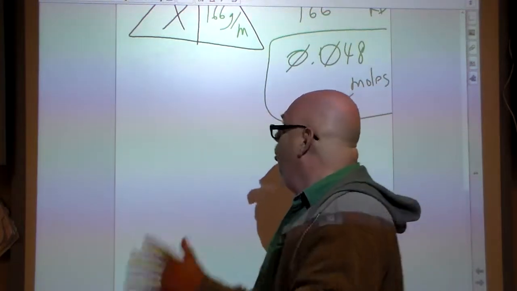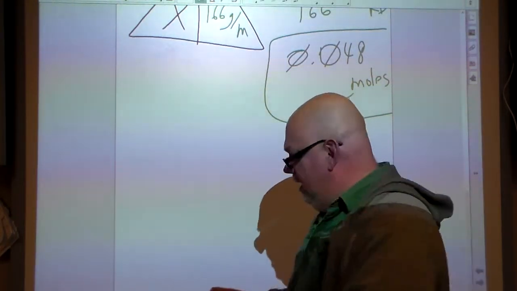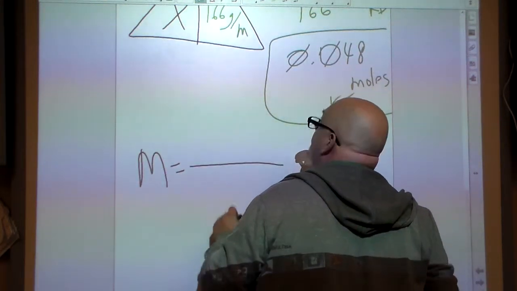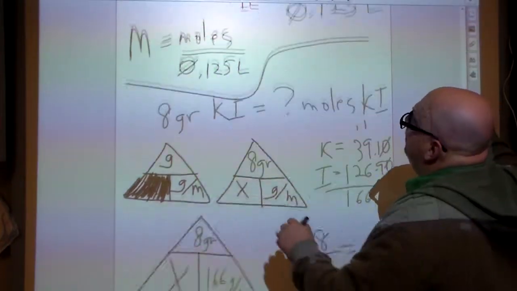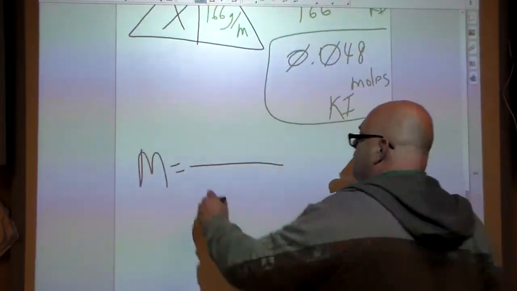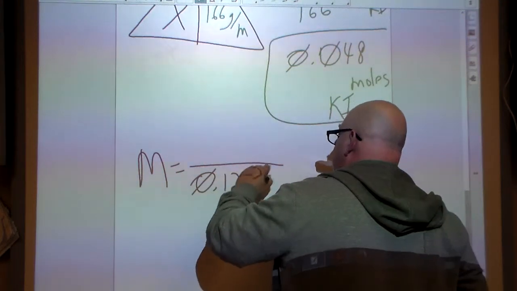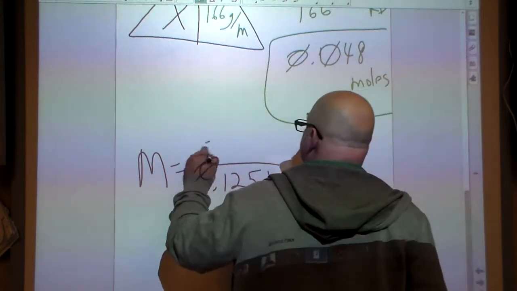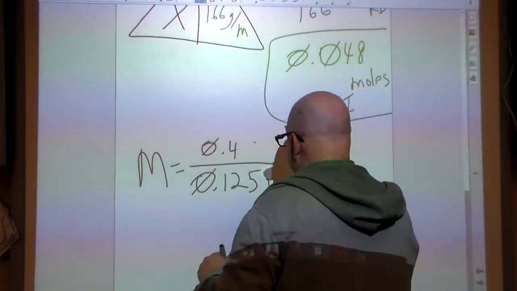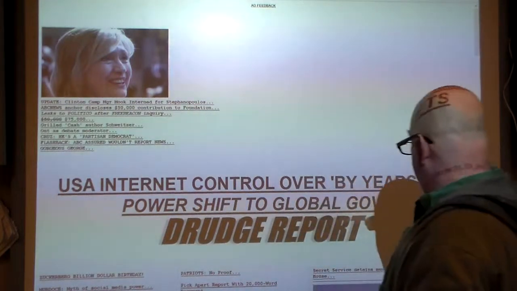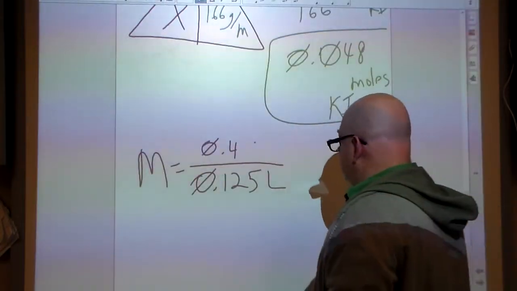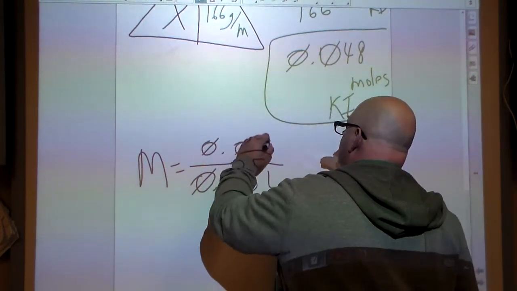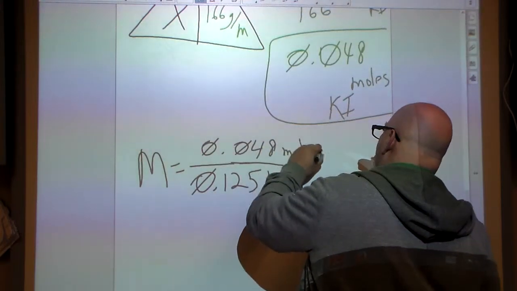Molarity. I'm confused. Where are we in all of this? Watch this. So molarity is equal to moles over liters, right? Well, we figured out our liters earlier up here as 0.125 liters. We got our moles right here, 0.048 moles.